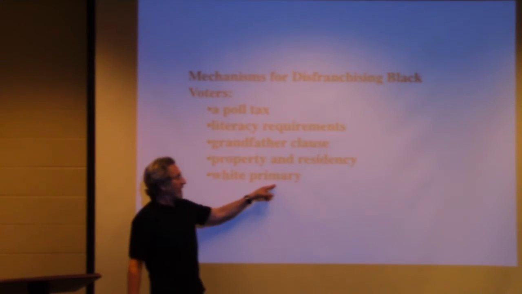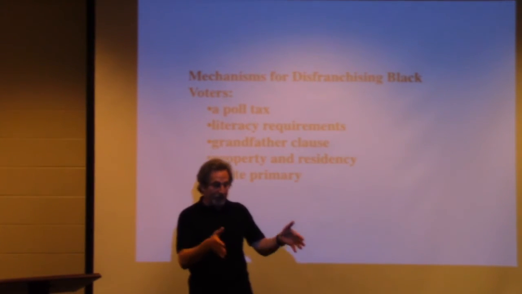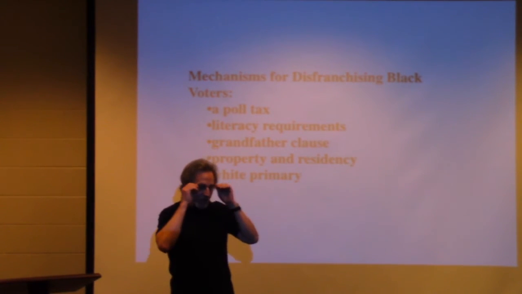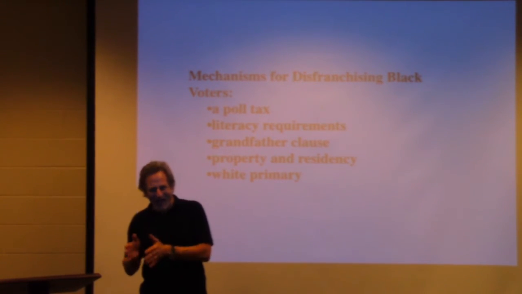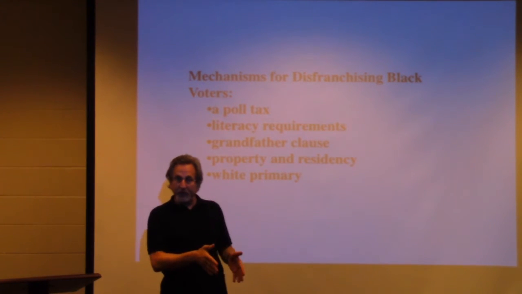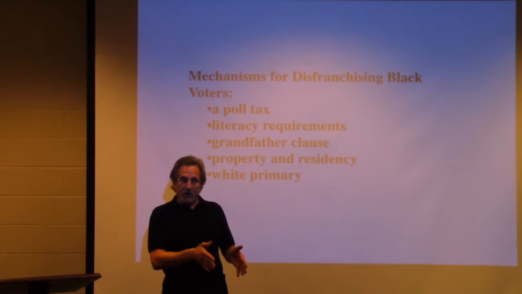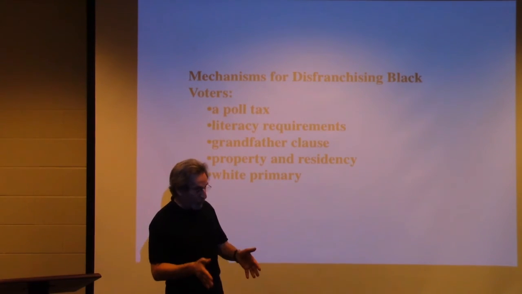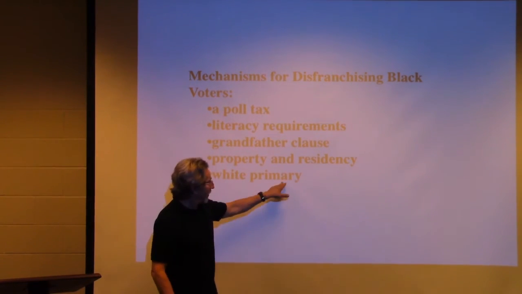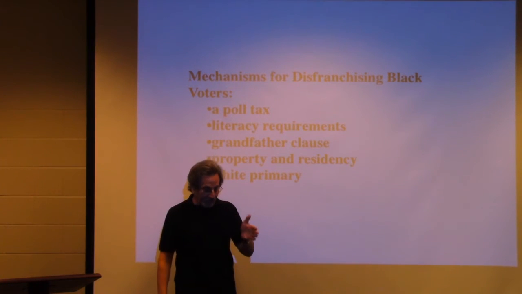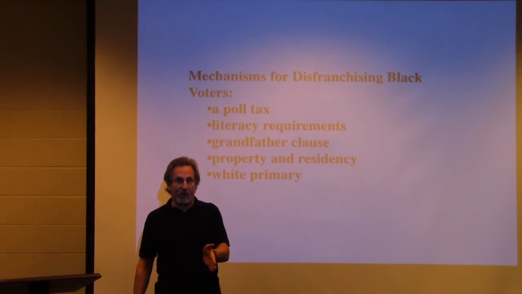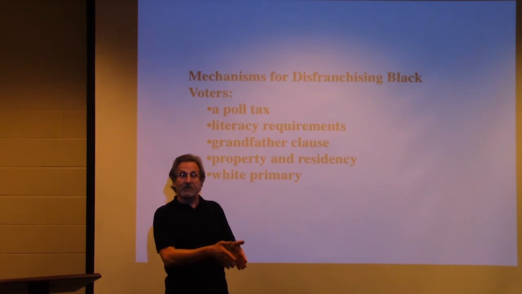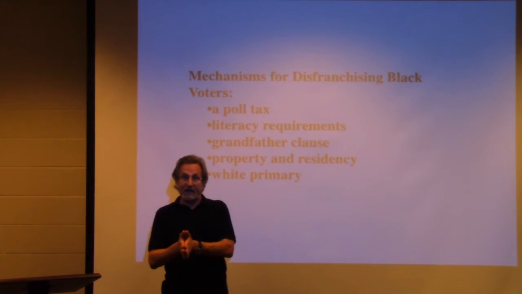A primary election is an election if you've got 2, 3, 4, 5 Democrats, each of them wanting to be the Democratic candidate for governor. How do you decide which of those is going to be the Democratic candidate? You hold a primary election, and in the primary election, everybody who's a Democrat will vote for one of these 3 or 4 or 5 candidates, and the one who gets the most votes is the Democratic candidate.